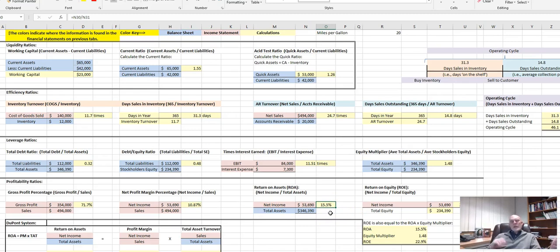A way to think about that is if you were to put money into a CD, and if you put $1,000 into a CD and that $1,000 investment earned you $100, that would be a 10% return. You had $100 of income on a $1,000 investment.